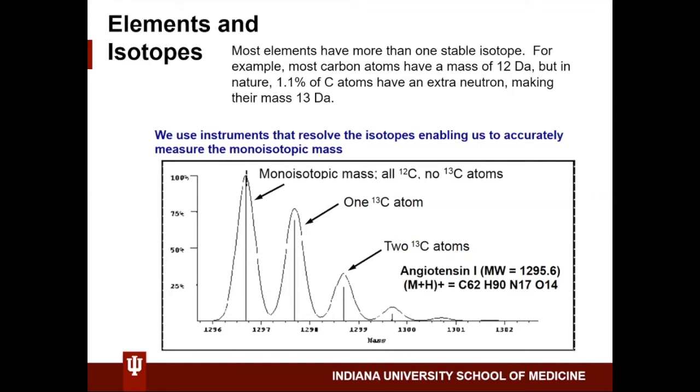So here is an example where we can use instruments that resolve the isotopes to allow us to correctly measure exact and monoisotopic masses. For carbon, carbon-12 is the most prevalent isotope, but carbon-13 also exists in nature, and you can see this in large molecules. We have to take that into account when we're calculating the mass and the exact mass that we're looking for in the mass spectrometer.